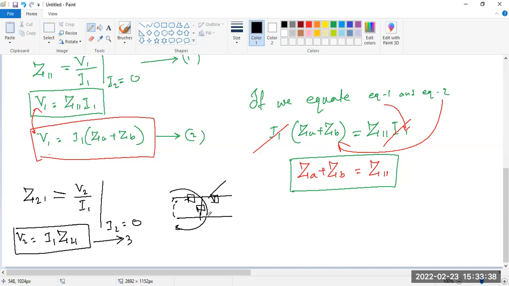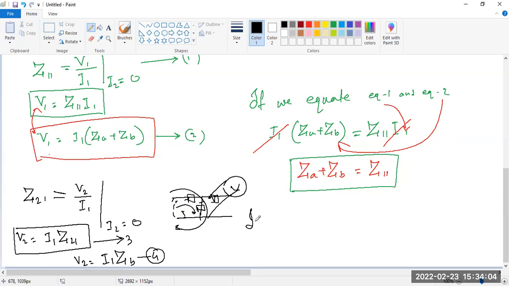If I measure through a voltmeter, we can find only V2 is applicable across this impedance, and the current is I1. So V2 is I1 into ZB. This is equation 4.